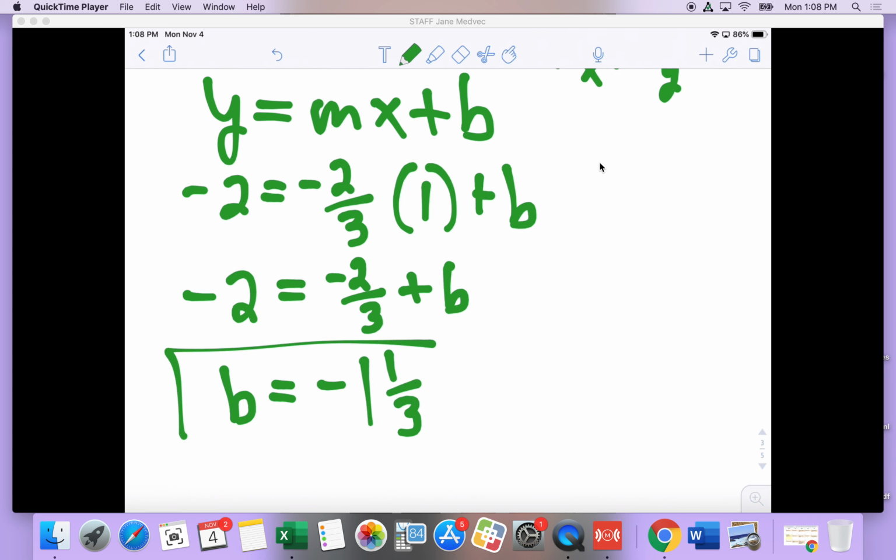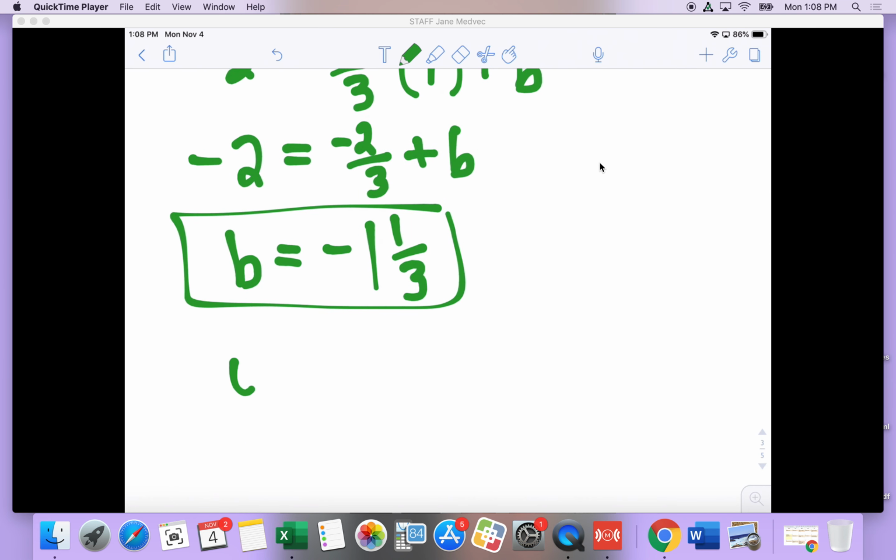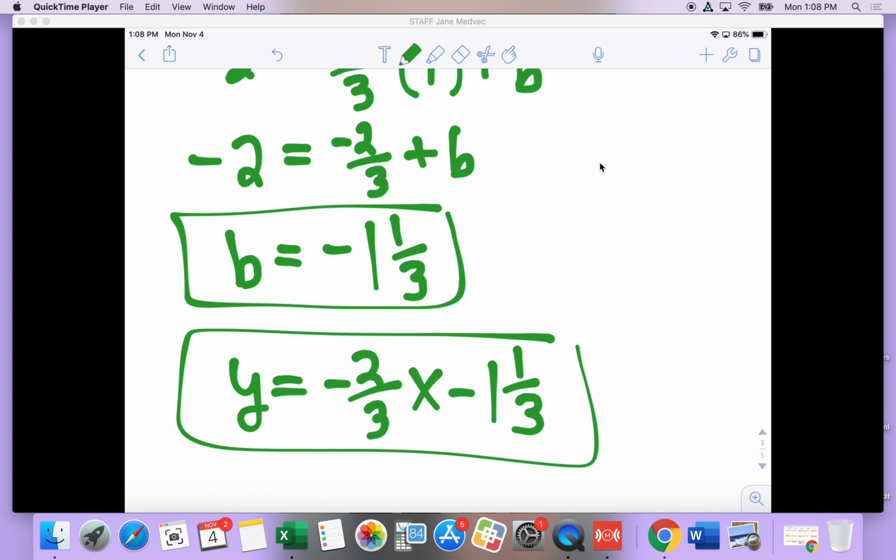Yep. So the new equation is y equals -2/3 x minus 1 and 1/3. Notice how my b is a mixed number. You could put -1.3 repeating for b if you really want to, but the slope has to be -2/3. Do not change that into a decimal. Questions on that?